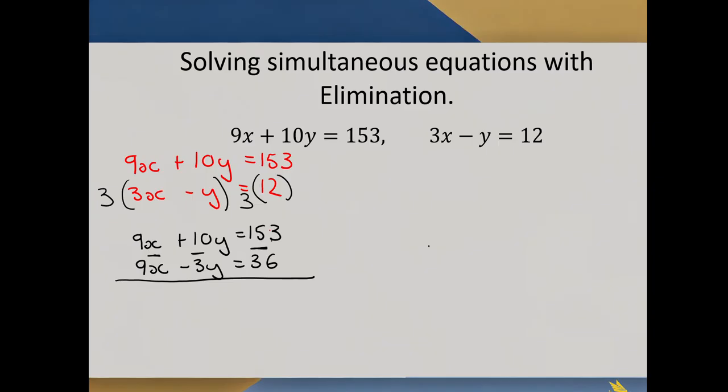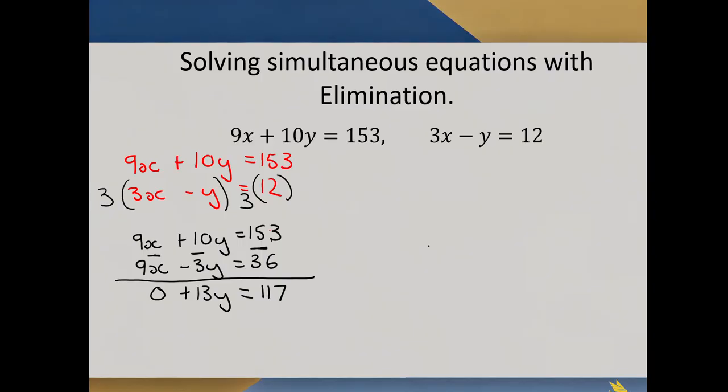So 9x take away 9x cancels all my x's out and leaves me with 0. 10 take away -3y, a negative and a negative is a positive, so it will turn into plus. So it would actually be plus 13y. And then the last part, I've got 153 take away 36, and that gives me 117.